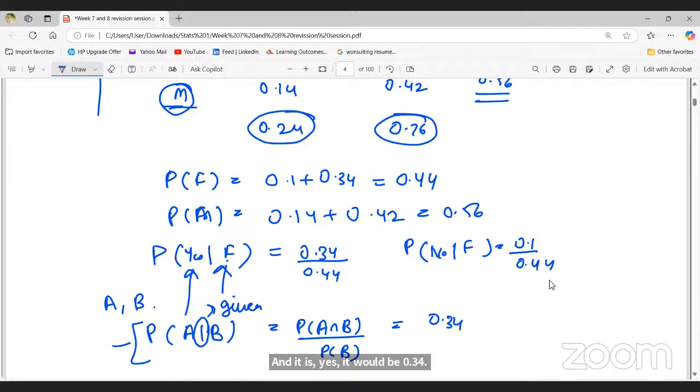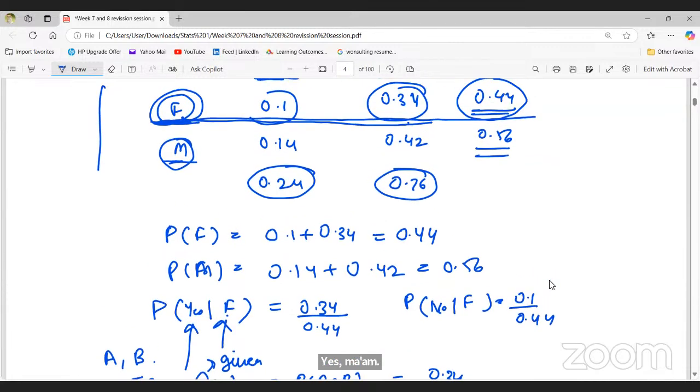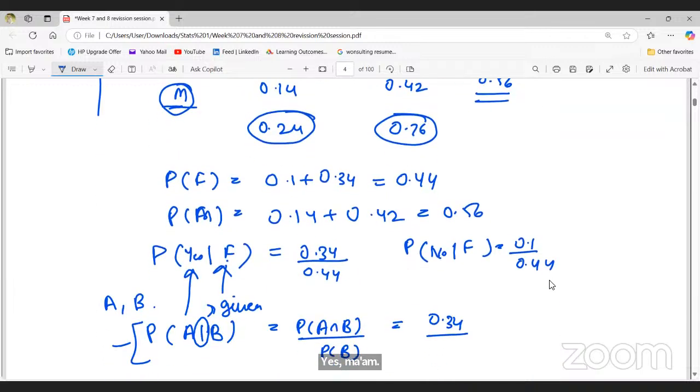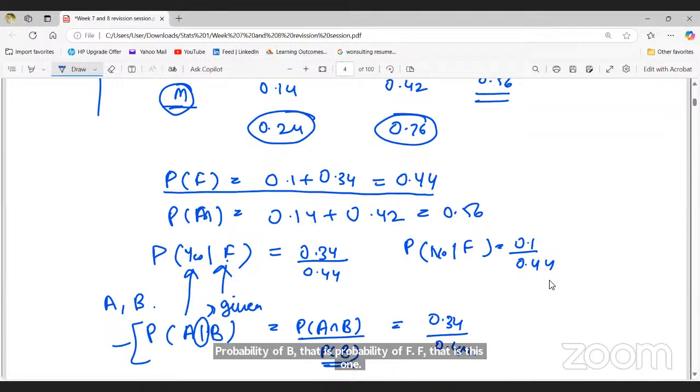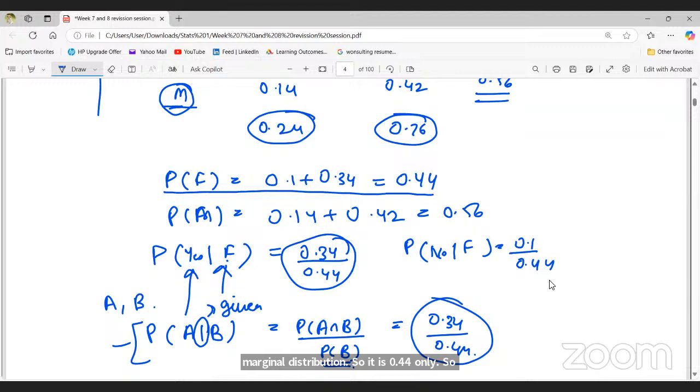And the probability of event B, that is the probability of female, is 0.44. That is this one, the marginal distribution. So it is 0.44 only. So we see that this thing and this thing are the same. Everybody got it?